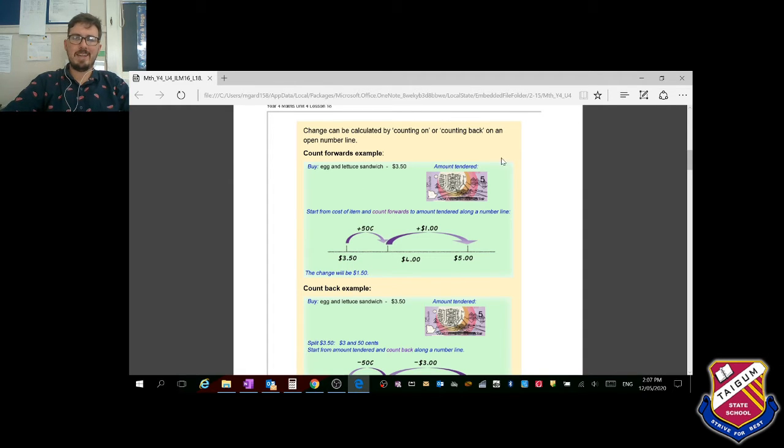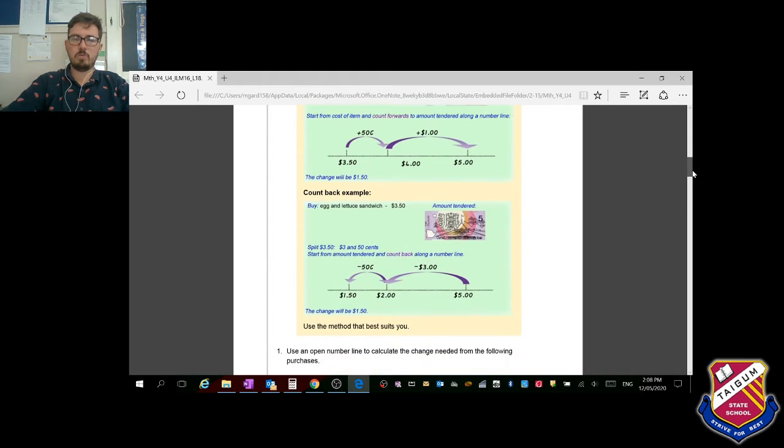If your amount tendered, which is the amount that you paid, is $5, what you need to do is jump from $3.50 until you get to $5 and ensure that you have that total amount added together, which would be your answer. So you do the cents first, so you go up to the nearest dollar, okay, and you write that above there, and then you jump up to the amount tendered, all right?